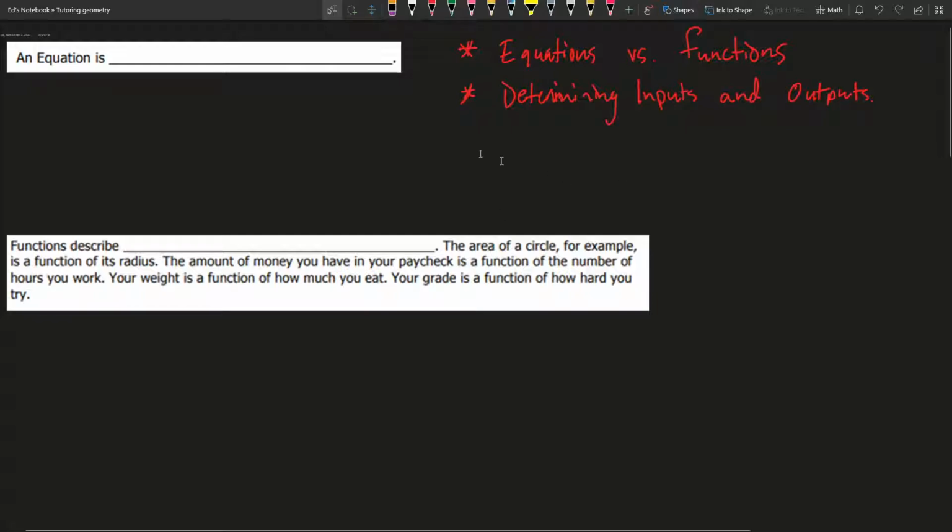So let's first start by doing a little bit of review and remind ourselves what an equation is. An equation is a situation where one variable is introduced.